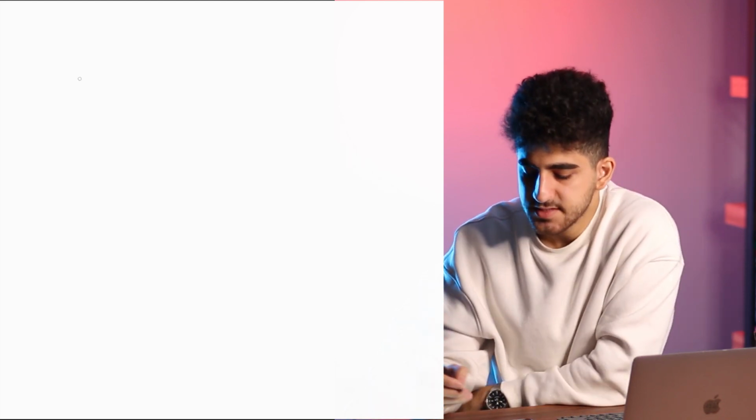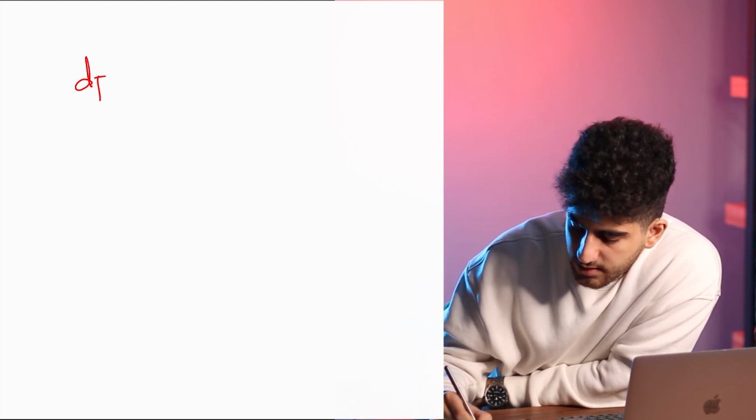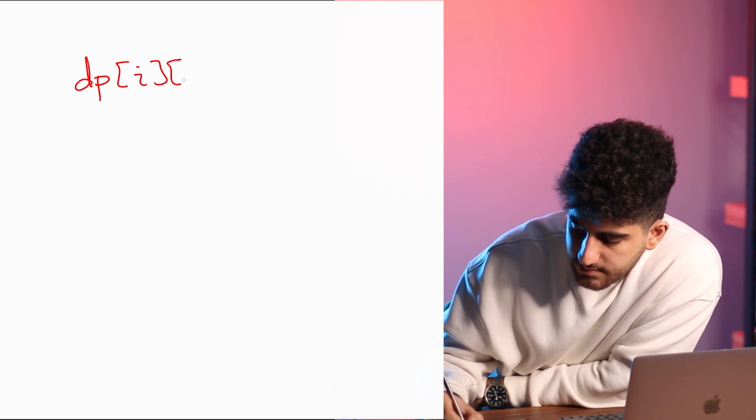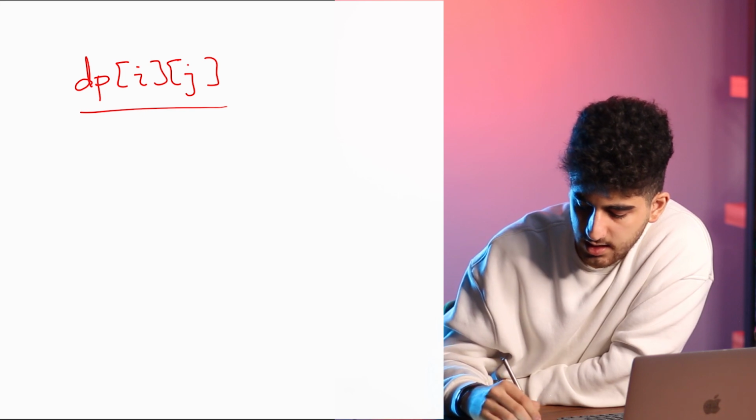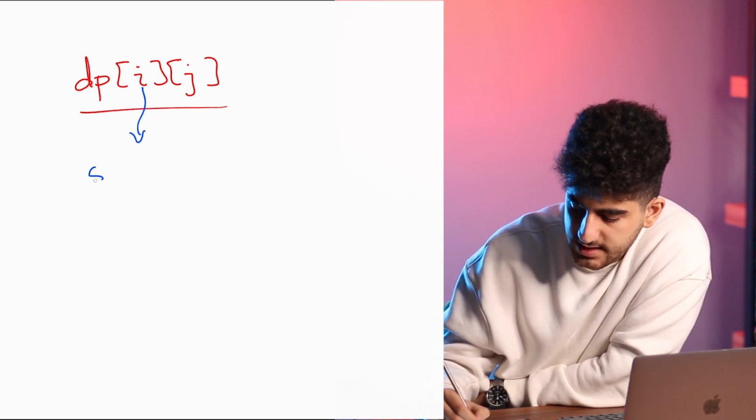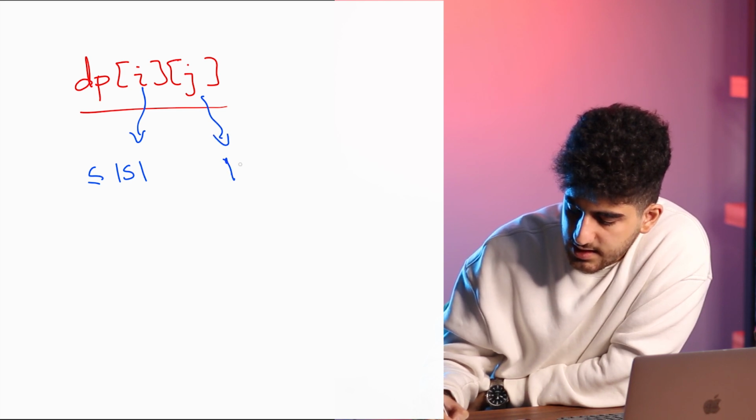I also need to tell you the time complexity of LCS. As we see, dp of I and j is what we use to find our answer. I is at most the length of s, and j is at most the length of t.